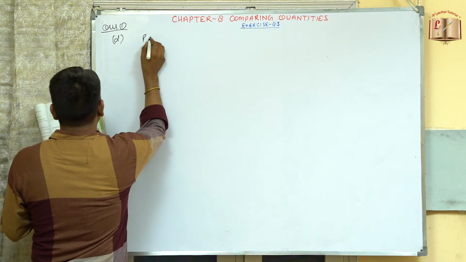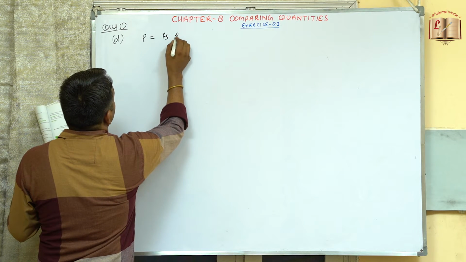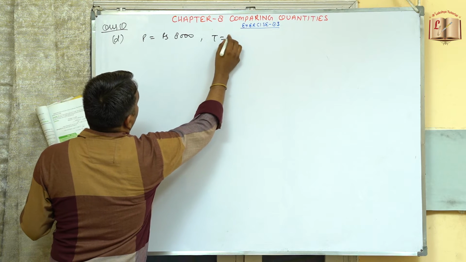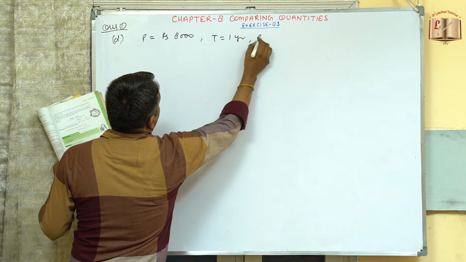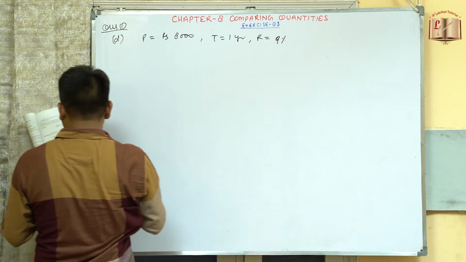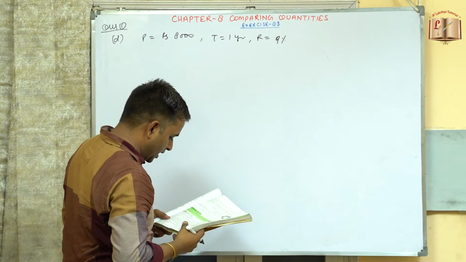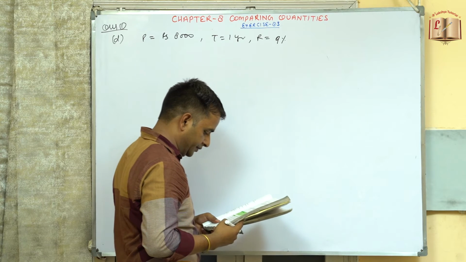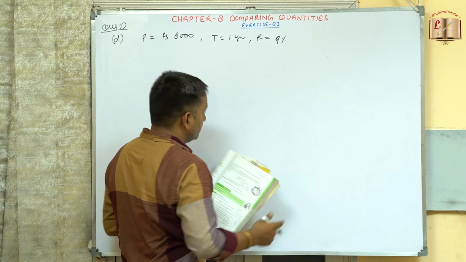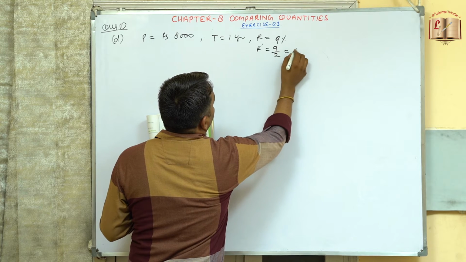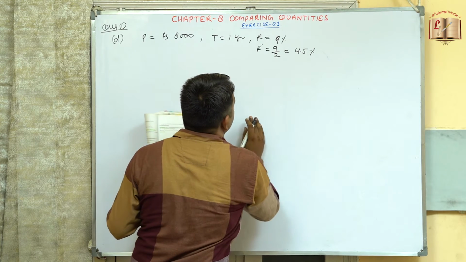we are given P equal to rupees 8,000, time is given as 1 year, and rate is given as 9% per annum, compounded half yearly again. So here the effective R will be 9 by 2, so this will be 4.5%.